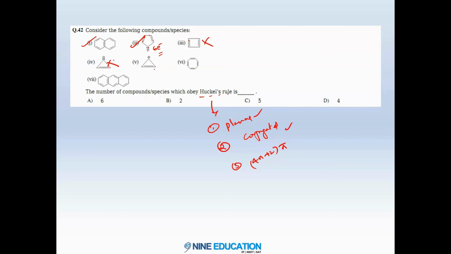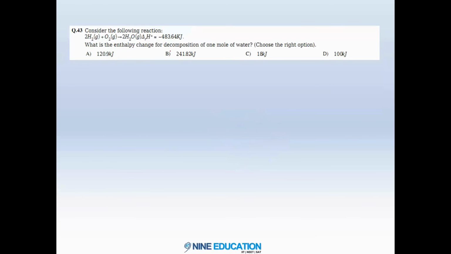This one has 8 pi electrons, so not correct. And in this one each and every ring has 6, so this is also a correct option. So 4 options are obeying Huckel's rule.